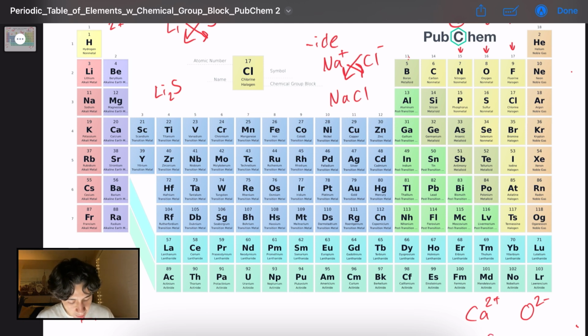So rather than writing Ca2O2, we can just write CaO. And that's also the same reason why KF is KF and not K1F1, or sodium chloride. So whenever oxidation numbers are the same number, like -2 and +2, the formula is just going to have no subscripts. It'll just be the elements.